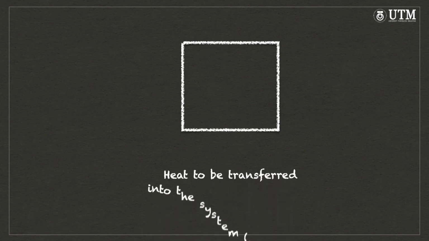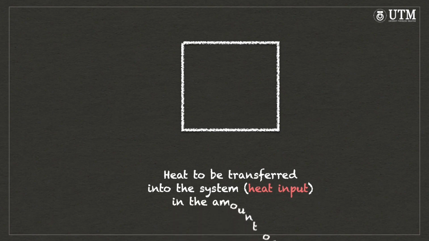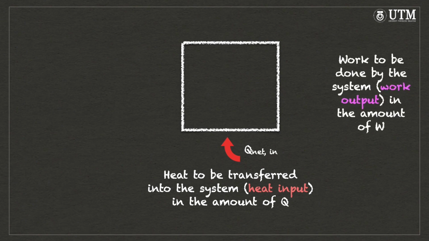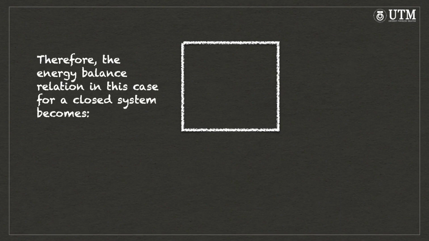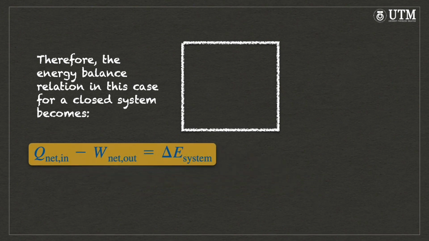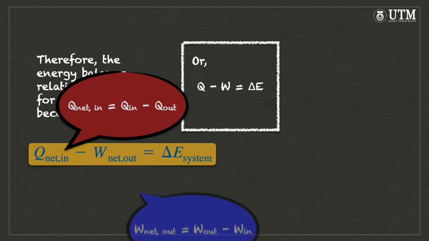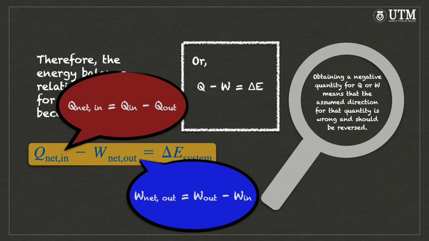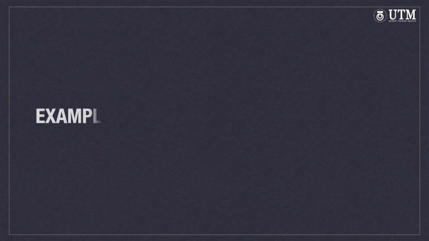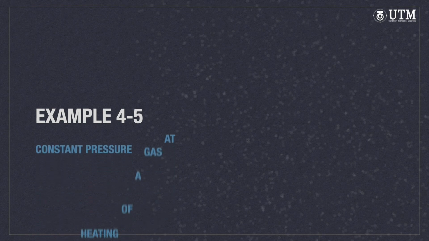Heat is transferred into the system in the amount of Q, and work is done by the system in the amount of W. Therefore, the energy balance relation in that case for a closed system becomes as the following. To comprehend this, let us discuss the following example.